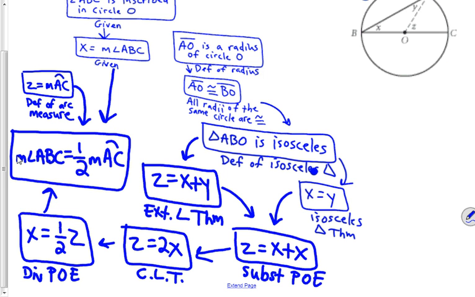And that's all the substitution property of equality. So, we are now 1/3 of the way done with the inscribed angle conjecture proof, right? We have proven case 1. We will have to prove cases 2 and 3 in order to prove the theorem.